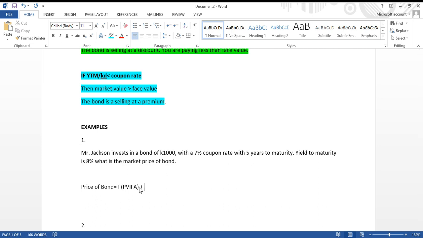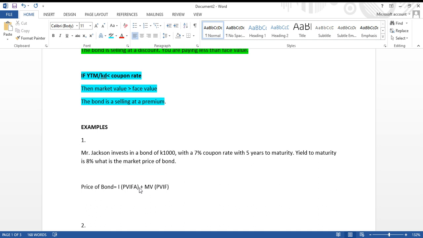Right. So the price of the bond is the interest payment multiplied by the annuity factor plus the maturity value, which is also the face value. The maturity value and the face value are the same because when the debt matures, you get paid the face value or the par value, multiplied by our present value factor.